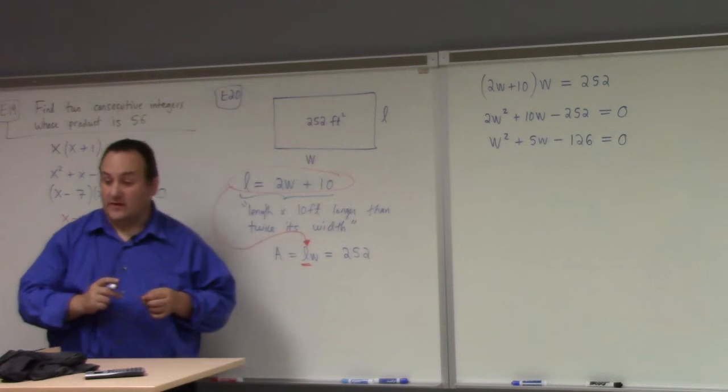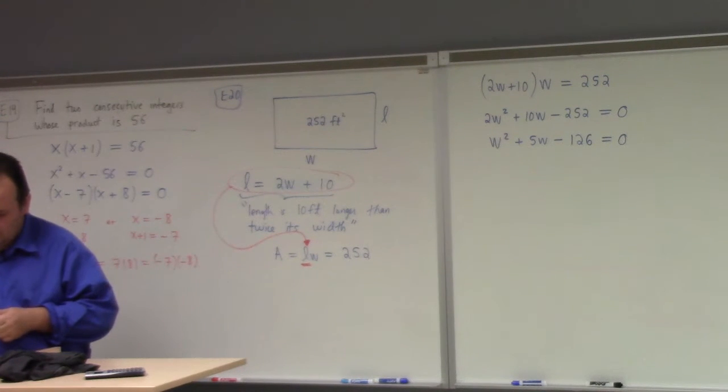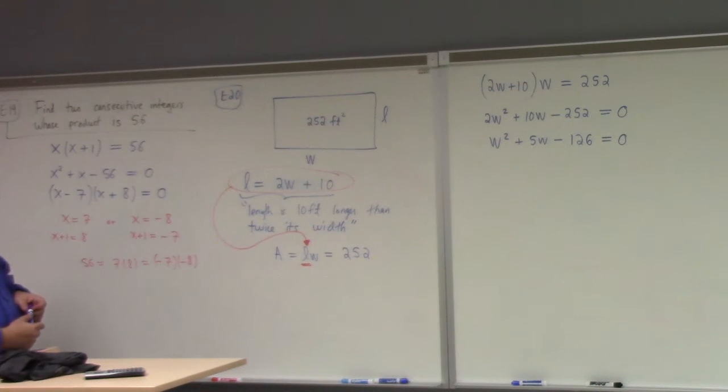I don't see the answer. Yeah? No, I was just saying I don't think we can factor it. Yeah. I feel like I've made an arithmetic mistake here. I don't know where. The length is 10 feet longer than twice its width.